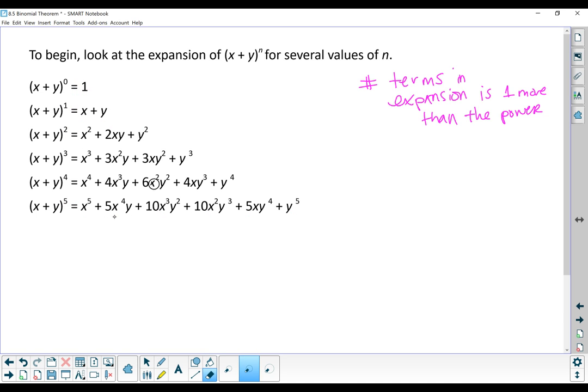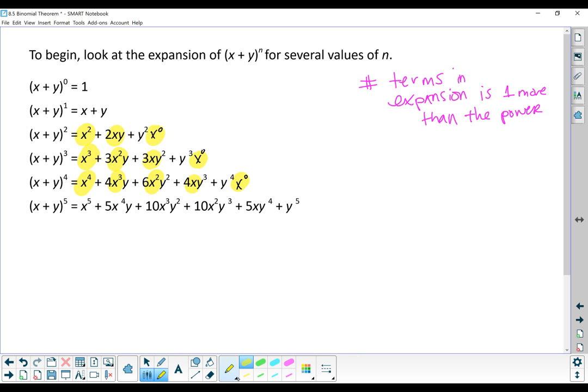The next thing you might notice is that if you focus on x for a minute, the power of x is going down. 3, 2, 1, 0. 4, 3, 2, 1, 0. And again, that's the power. Now we can't see that x to the 0 power on the end because x to the 0 power is 1, but it's there.